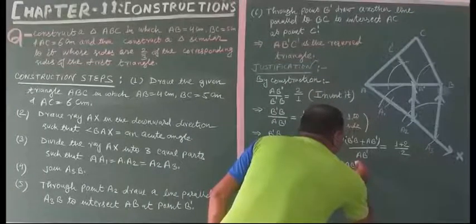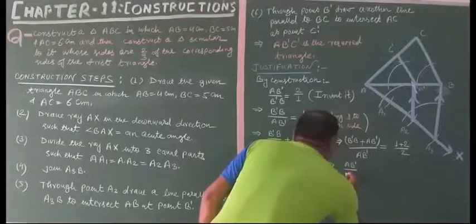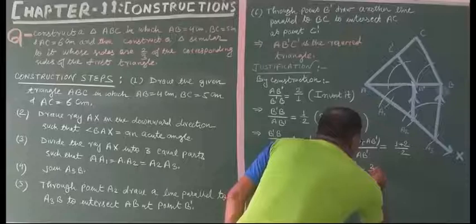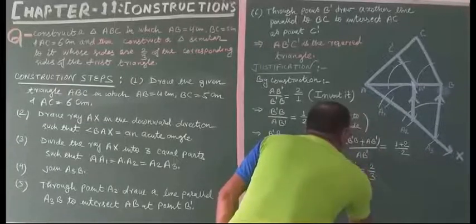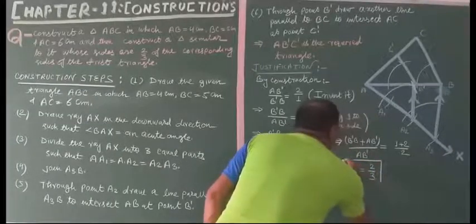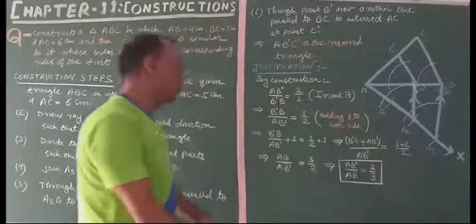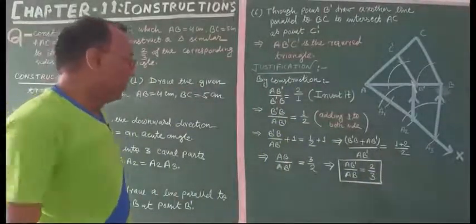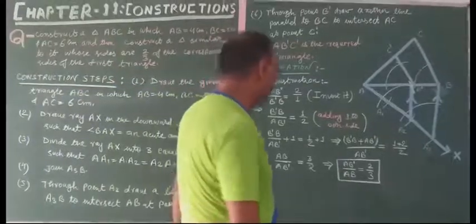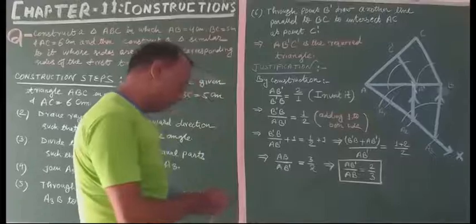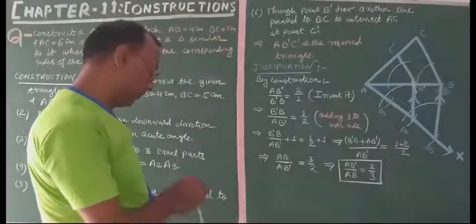AB dash upon AB is equal to 2 upon 3. Is it there? What is the ratio of AB dash upon AB? 2:3.